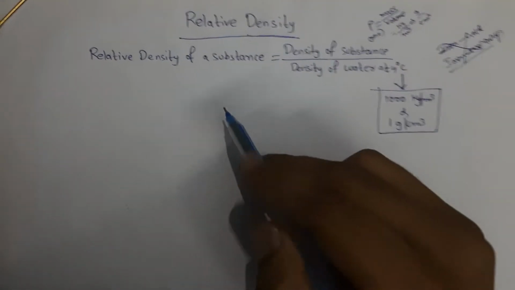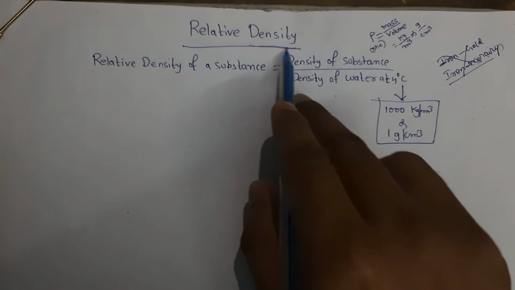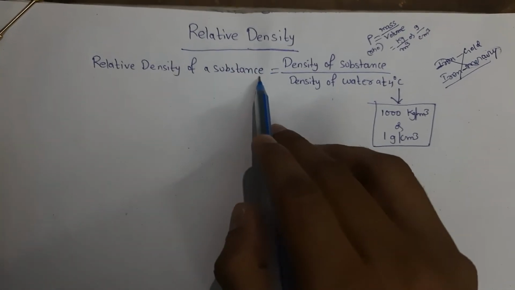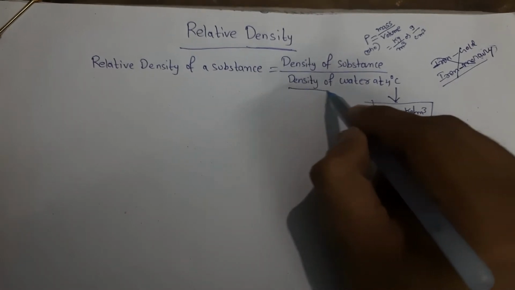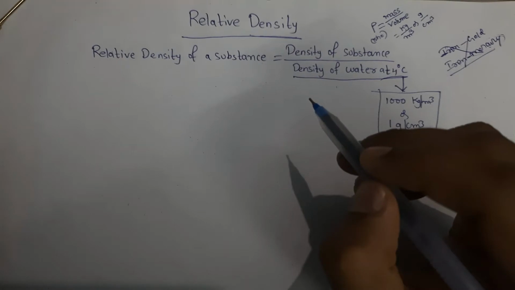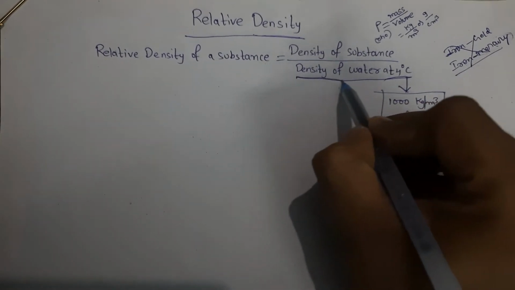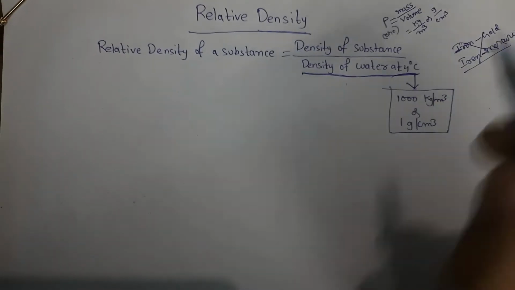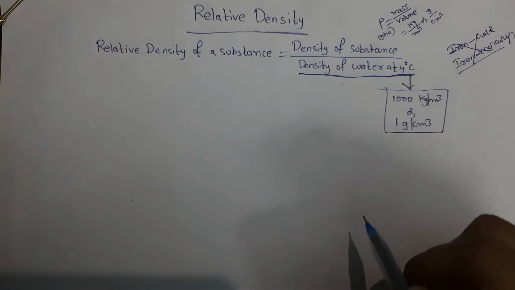So what we are doing is relating the density of a substance to a standard reference. Here the standard reference is the density of water at 4 degrees centigrade, that is 1000 kg per meter cube or 1 gram per centimeter cube.